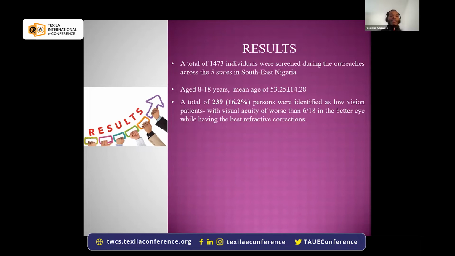We had a total of 239 persons, corresponding to a 16.2% prevalence of low vision in the population, those who had visual acuity worse than 6/18 to light perception, according to the WHO standard for categorization.